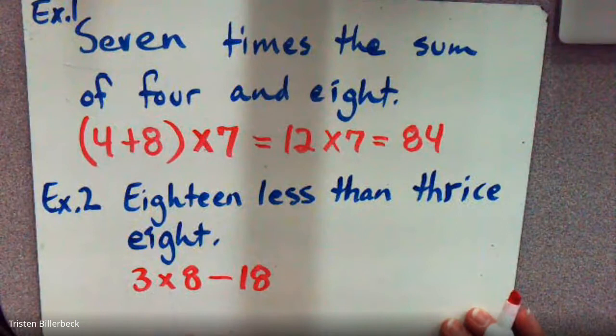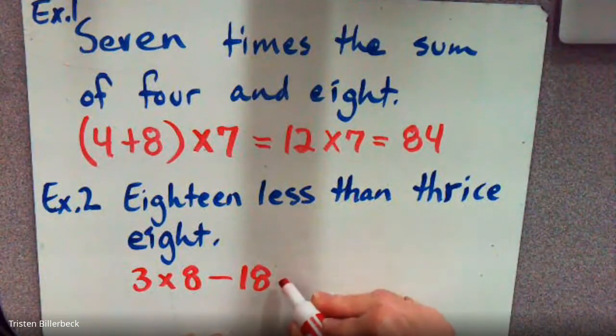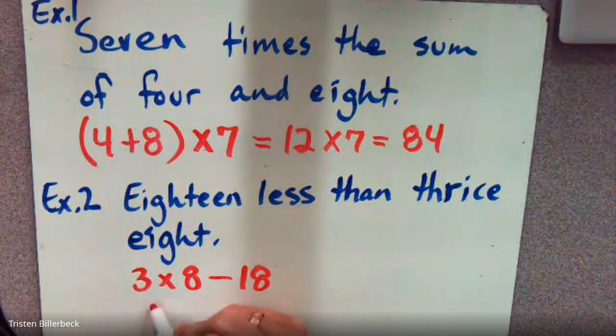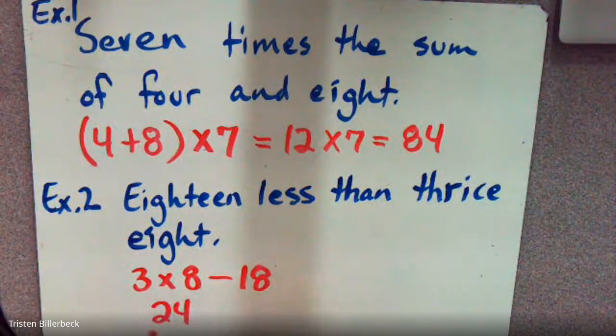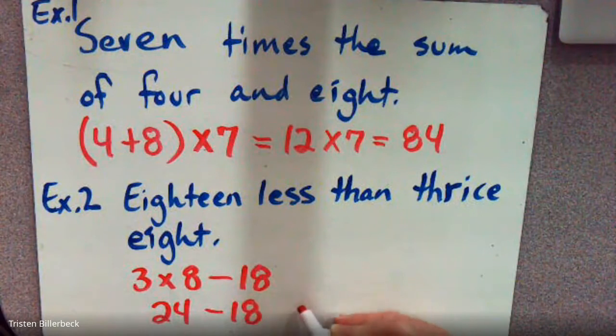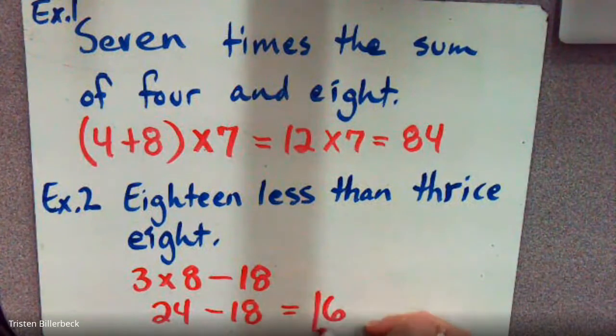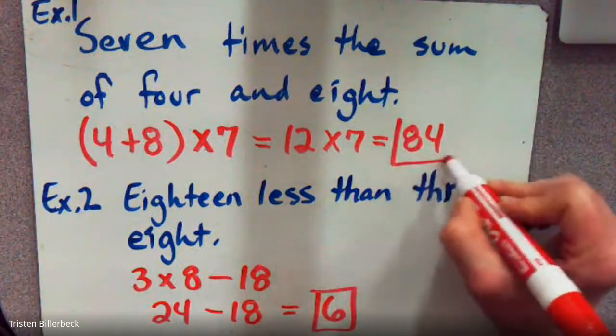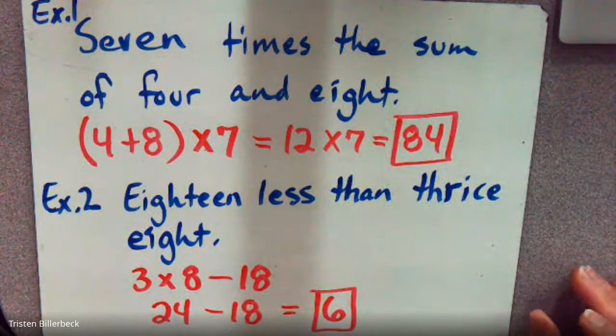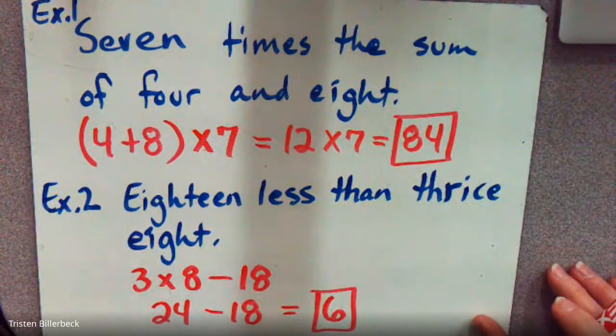So sometimes this is incredibly confusing. So now we do multiplication first because that's done first. So 24 minus 8. And then our final answer is going to be 6. So we can see from here that order is going to matter a lot.